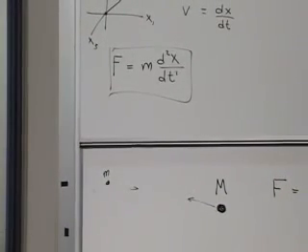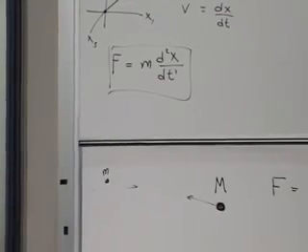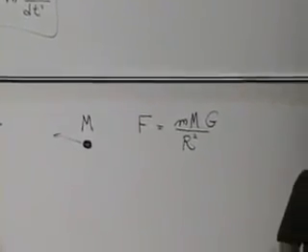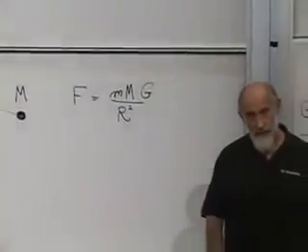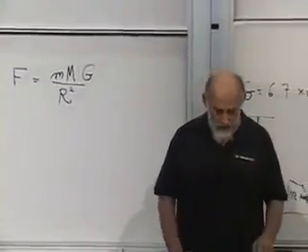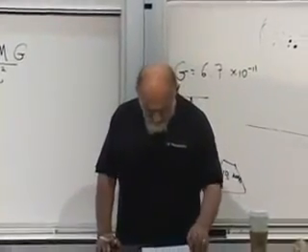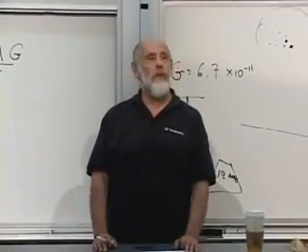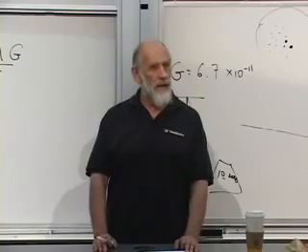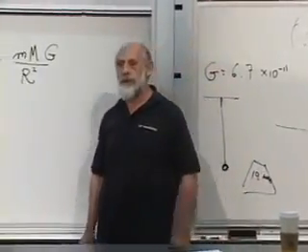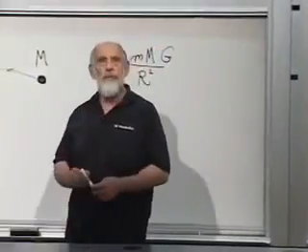Question? How did Newton arrive at that equation for the gravitational force? I think it was largely a guess, but it was an educated guess. It was from Kepler's laws.